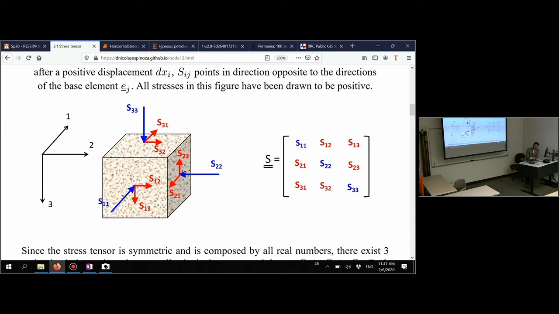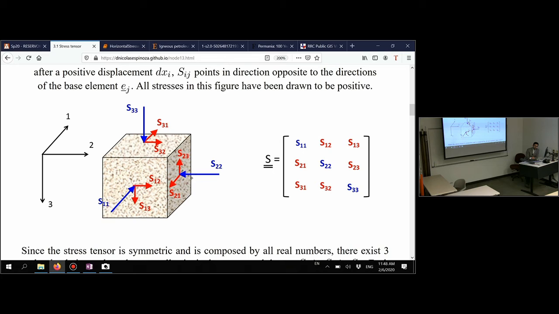After you do that positive walk, all the arrows in that face, in order to be positive numbers, have to be pointing in opposite direction to the coordinate system. For example, for normal, you see it's pointing right to left. The shear stress is pointing up, opposite to the direction 3 over here. And this one is also pointing opposite to direction 1. So these are all positive.